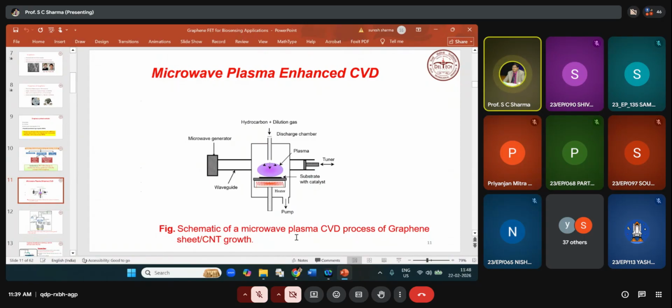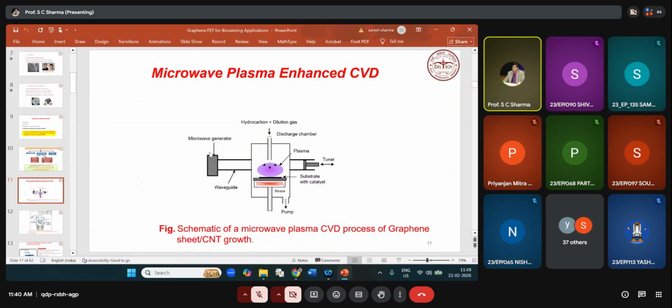First we grow a nano size catalyst film, for example a 10 nanometer iron film, on a silicon substrate, then put that film over here and create plasma. This is the microwave plasma enhanced chemical vapor deposition technique.